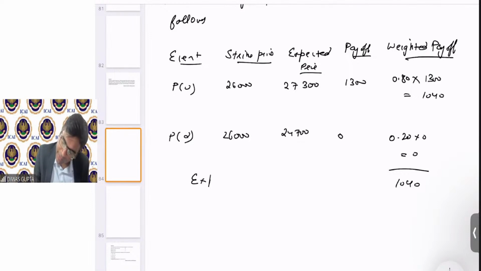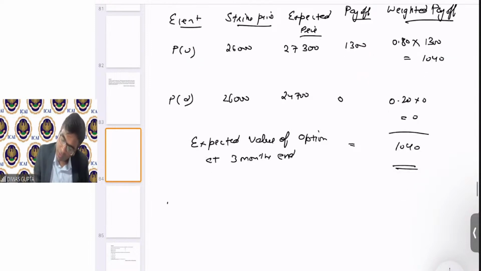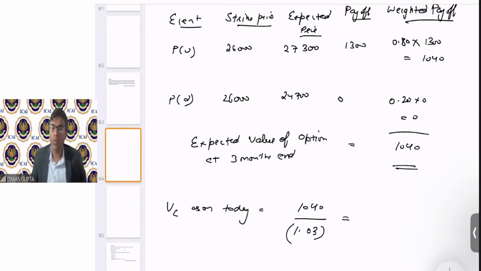So the expected value of the option at 3 months end is equal to this much. So the value of the call option as on today will be 1040 divided by 1.03, which is the present value of this, correct? Which comes as 1009.7 or say 1010.